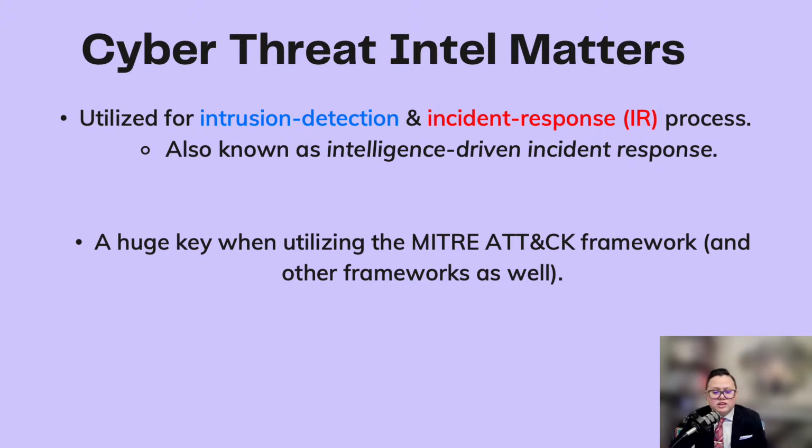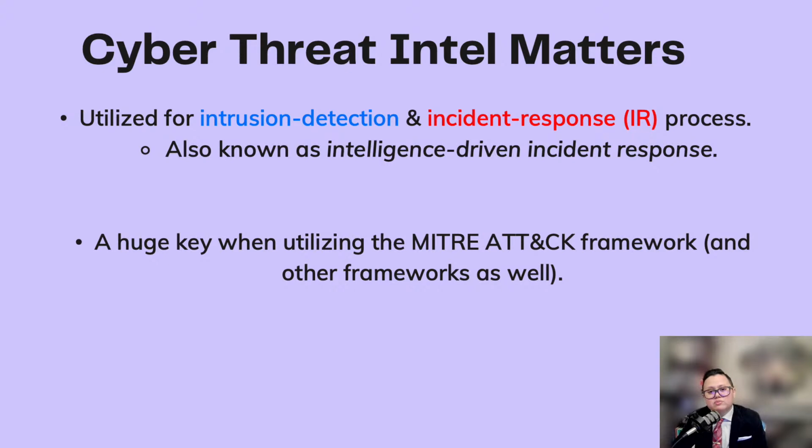Because with our cyber threat intel, or CTI, we can begin plugging in on the MITRE ATT&CK framework or matrix what the adversary is likely to do or has done. And by doing this, we can gain a more accurate visual representation of the adversary and their behaviors.